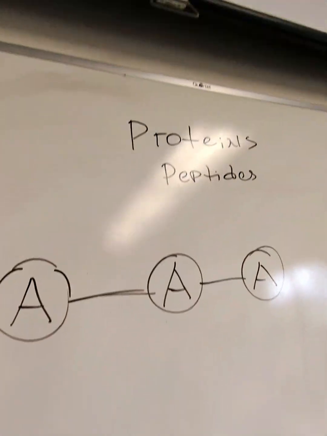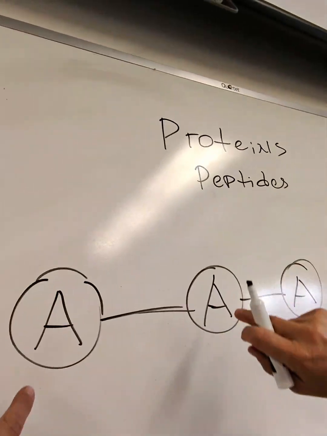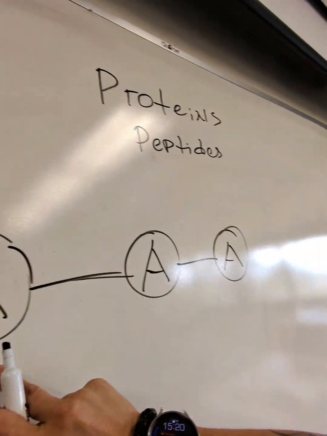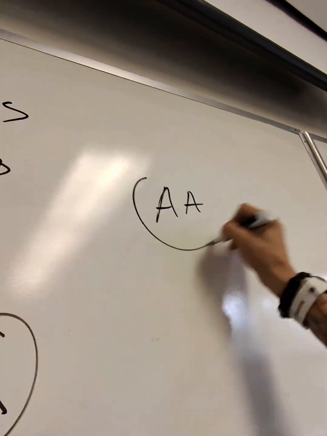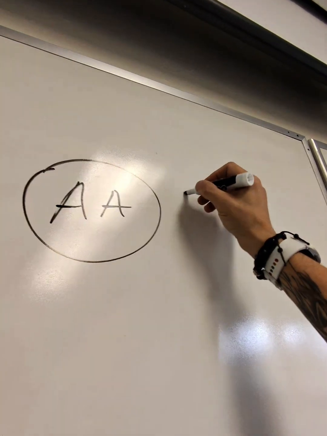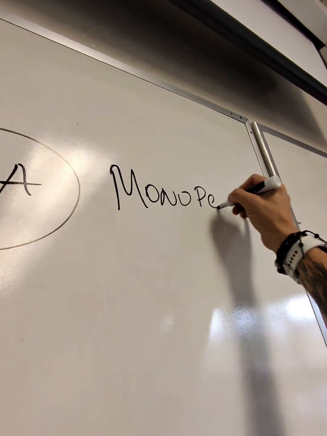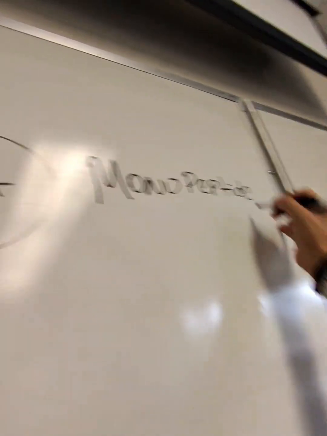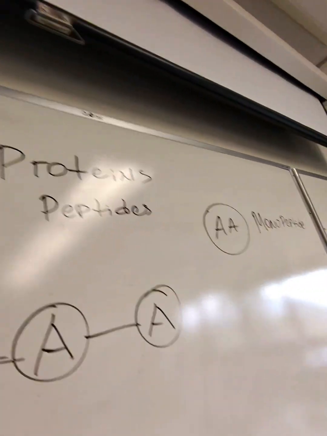So the same analogy, the proteins or the peptides are the polymers, and the amino acids are the monomers. So the amino acid is a monopeptide. A bunch of amino acids together, you have a polypeptide.